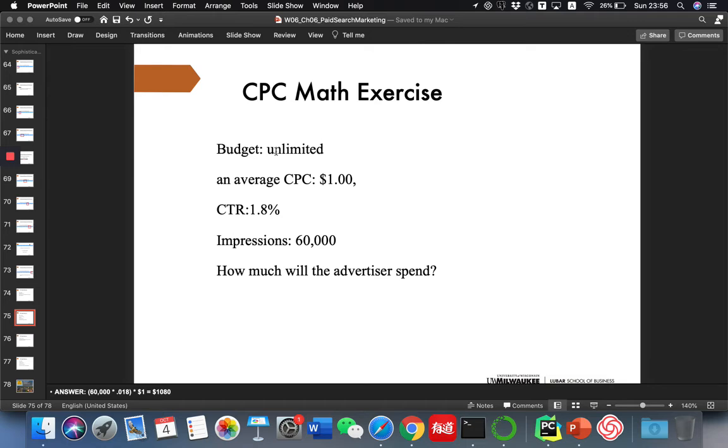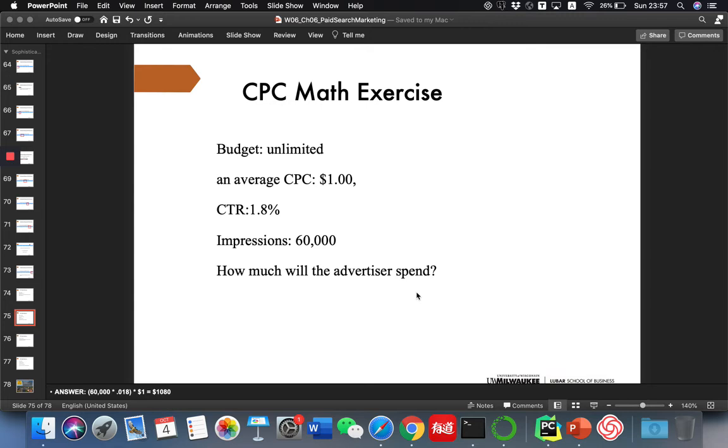So unlimited budget, and on average CPC is $1. CTR means click-through rate, 1.8%, and the number of impressions is 60,000. Here's the question: how much will the advertiser spend?